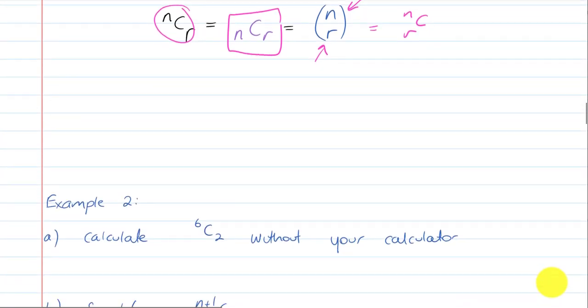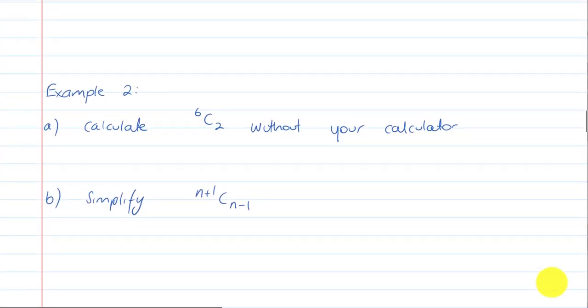So let's do another couple of examples before we finish this video. First, I want to calculate 6C2 without your calculator. And we've kind of done a question like this already in example 1. So 6C2 is equal to 6 factorial over 2 factorial 4 factorial. So we've got those complements. It's n factorial over r factorial times (n minus r) factorial.